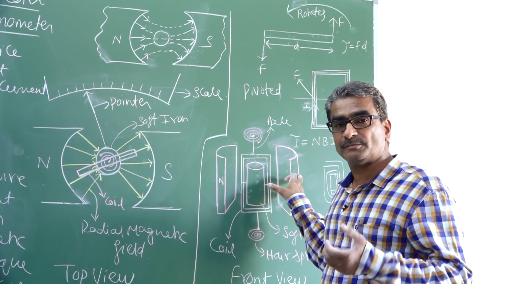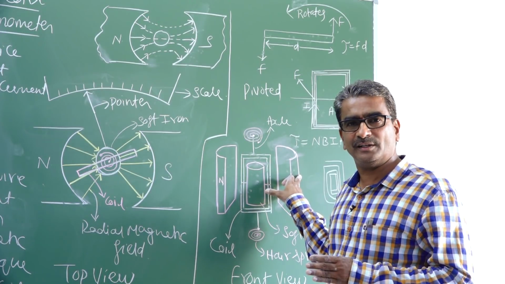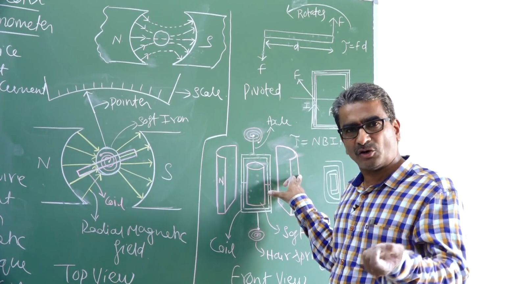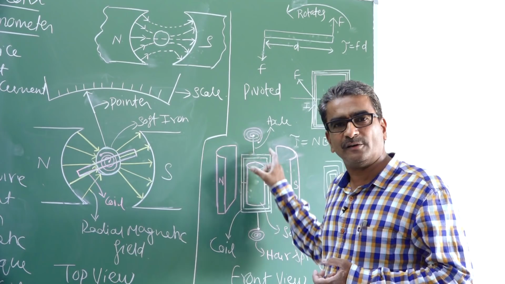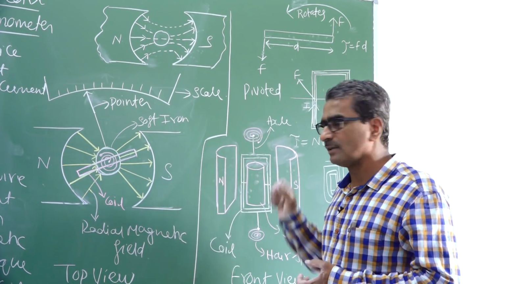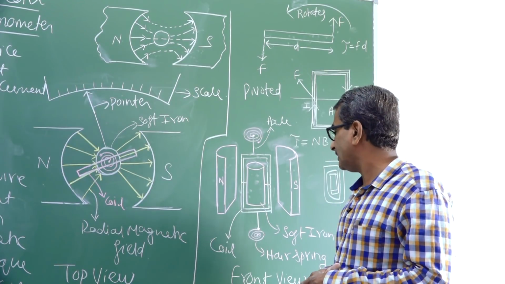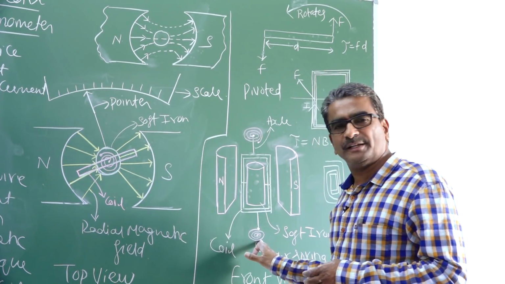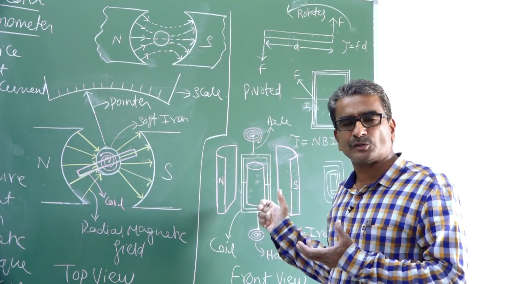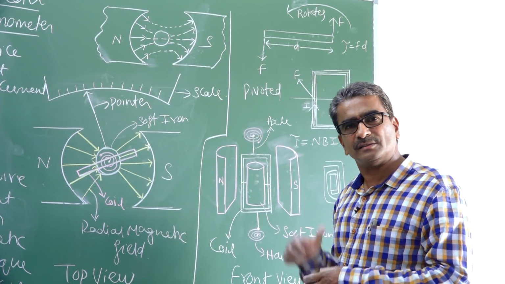The pole piece produces a uniform magnetic field that can be made a bit stronger at the center of the coil with the help of this soft iron cylinder, which is a ferromagnetic material. Then the spiral hair springs, as I already told you, are used to provide restoring torque.